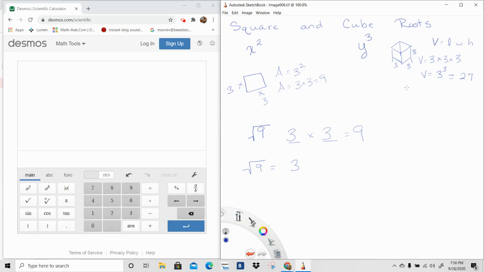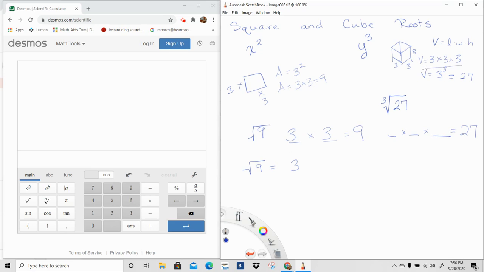Now we're going to be doing the same thing with cube roots. The way we see a cube root, the radical sign is written with a little 3 there to say that we're looking for the cube root. Let's say we have, what is the cube root of 27? What we're asking ourselves is what number times itself and times itself again equals 27.